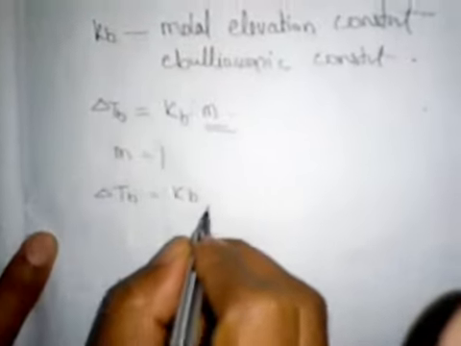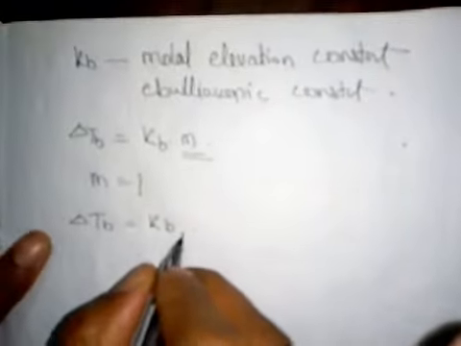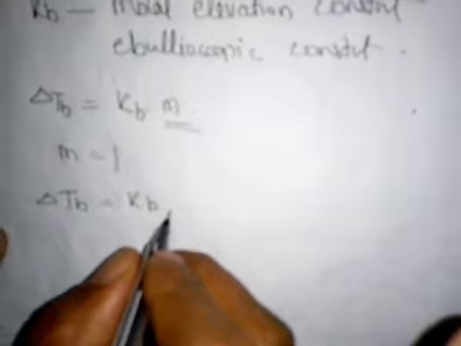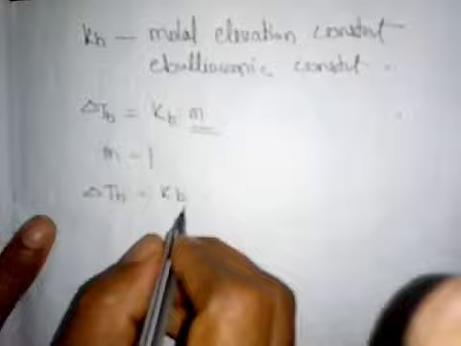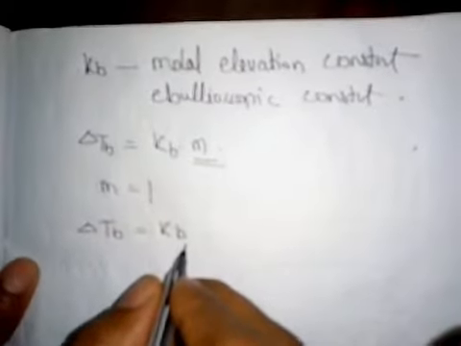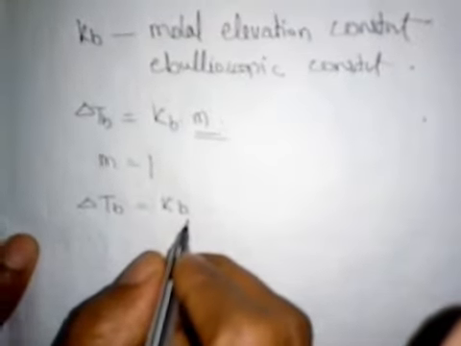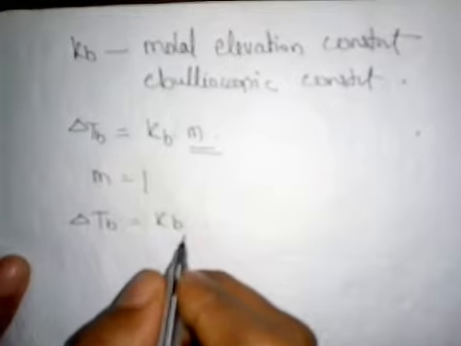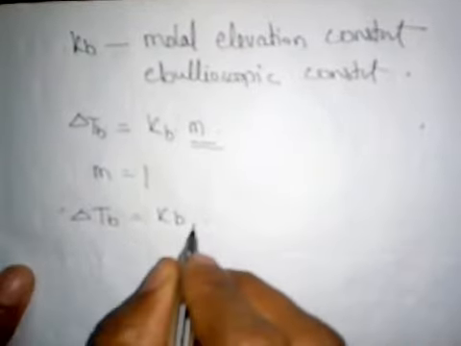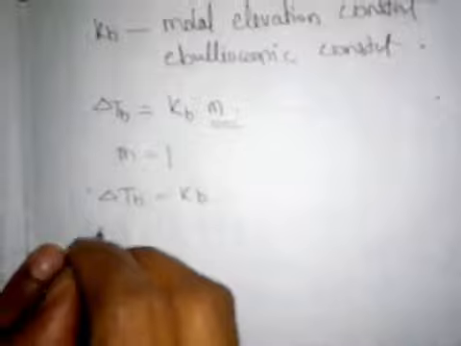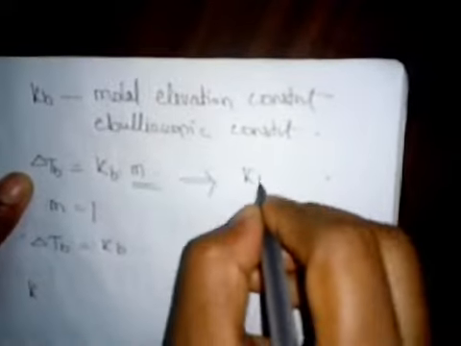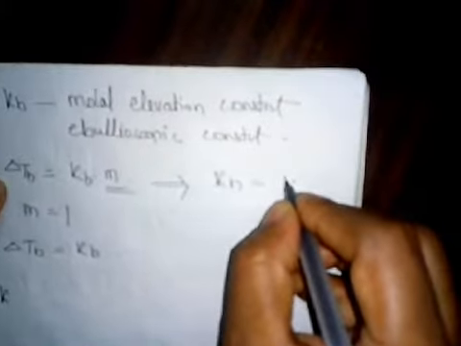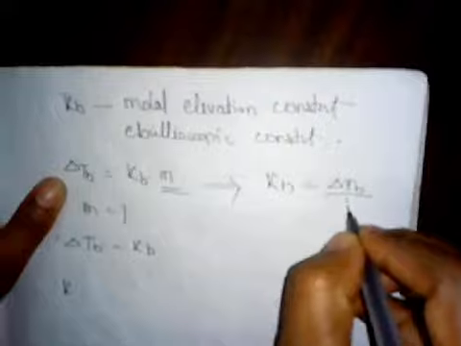Now we can define Kb, the ebullioscopic constant, as the elevation in boiling point when the molality of the solution is unity, that is, 1 mole of the solute is dissolved in 1 kg or 1000 gram of the solvent. Now the units of Kb: Kb is equal to delta Tb by m.